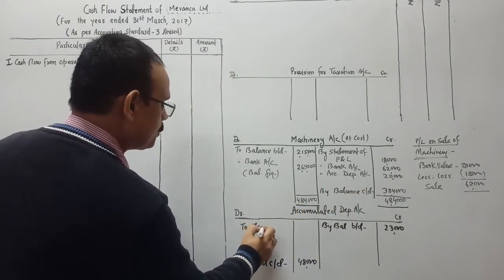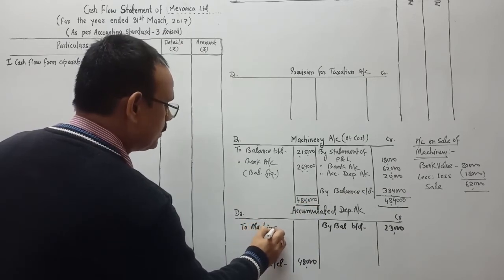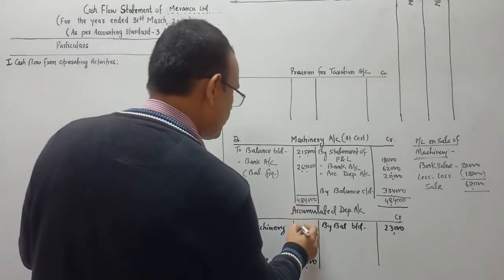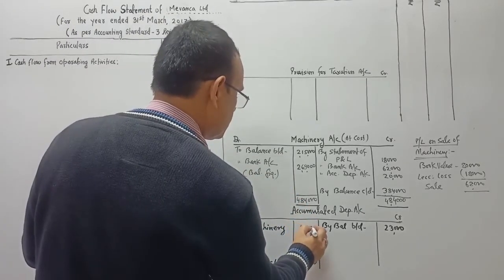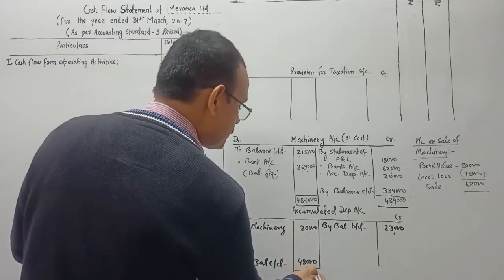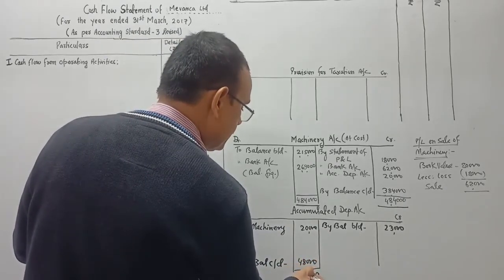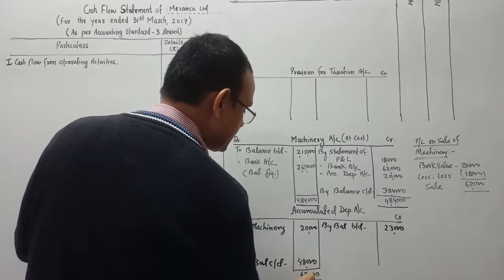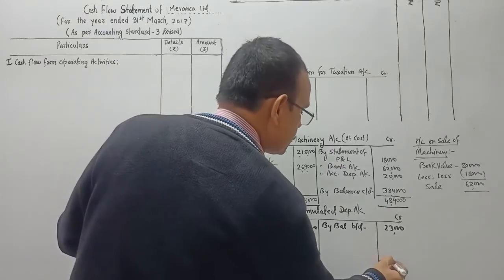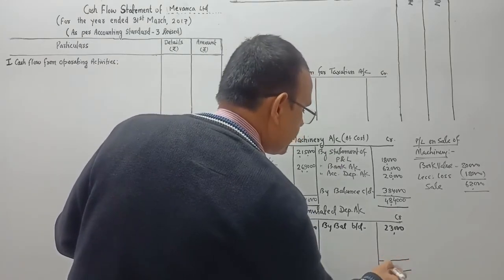This indicates the depreciation of the machine sold is 20,000. Now you find out the difference to calculate the depreciation charged during the year. Depreciation charged during the year, total is 68. Write the same amount on the credit side, 68.